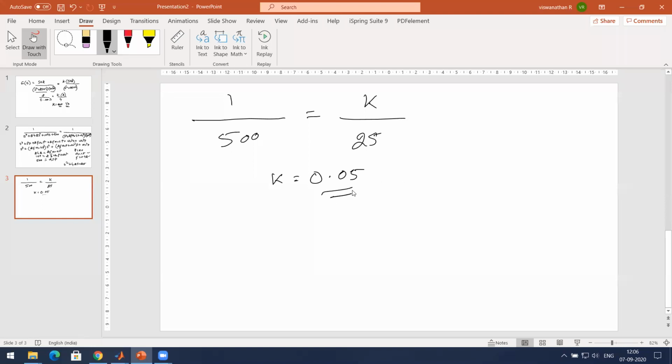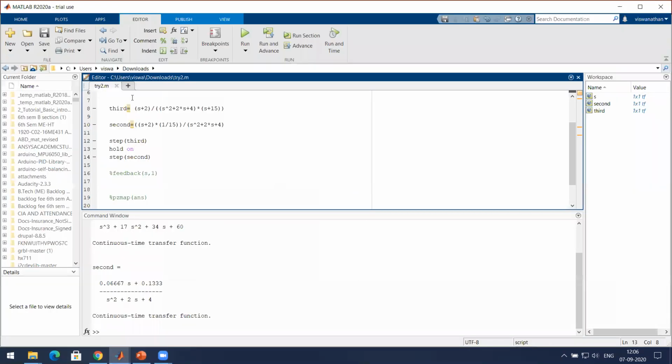Any doubt in this? No, sir. Okay, so let's try this out in MATLAB to see if these two things are same. So what is this third one?